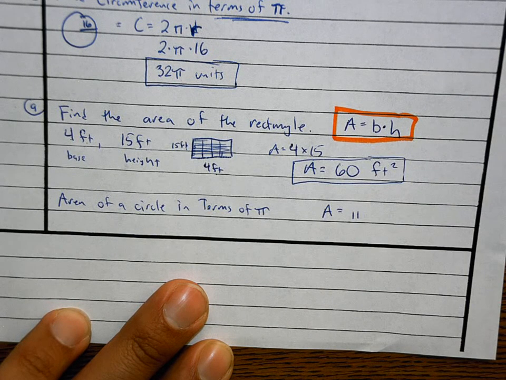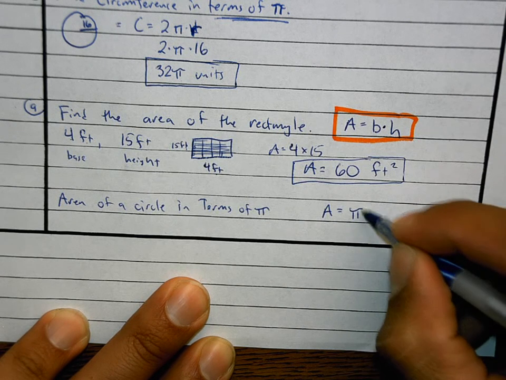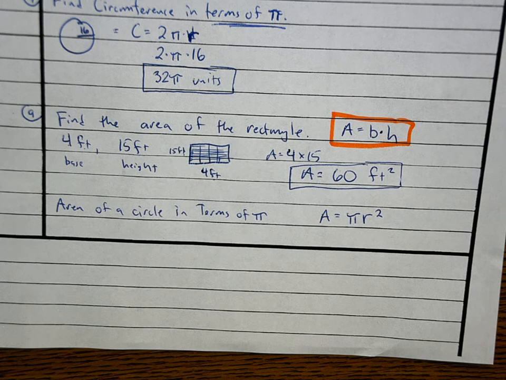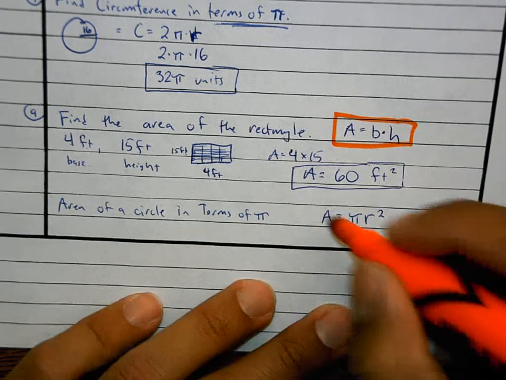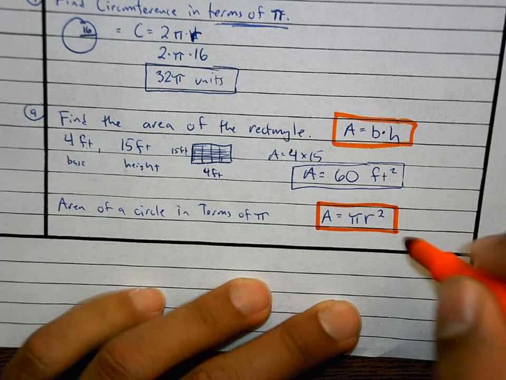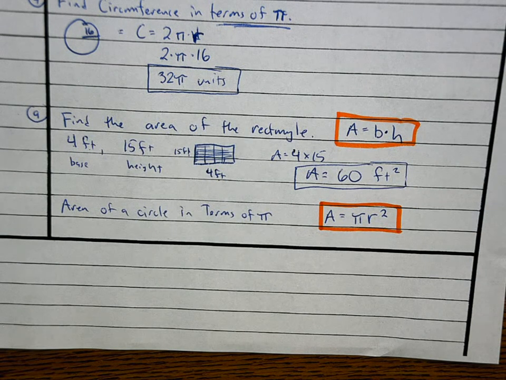What's the formula for the area of a circle? We don't know. C equals 2. Nope, that's circumference. Pi r squared. Pi r squared. Area of a circle is pi times the radius squared. So I'm going to put a highlighter around that one as well.